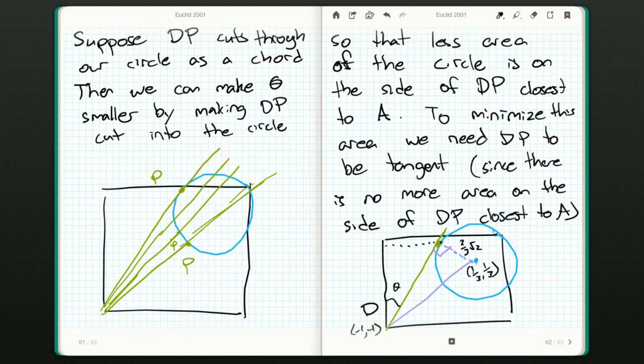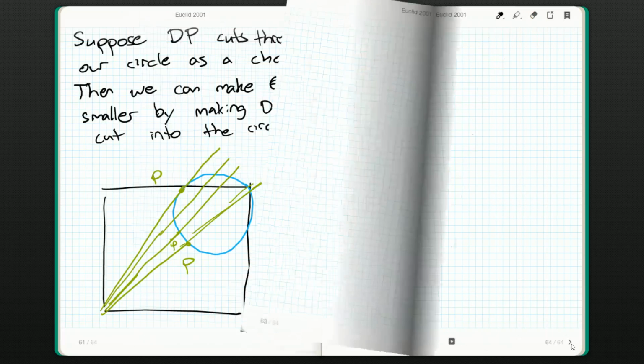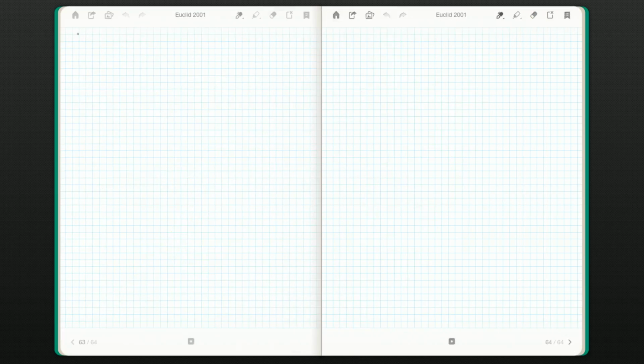Let's call the center of the circle R. So we'll let that be the center of the circle.